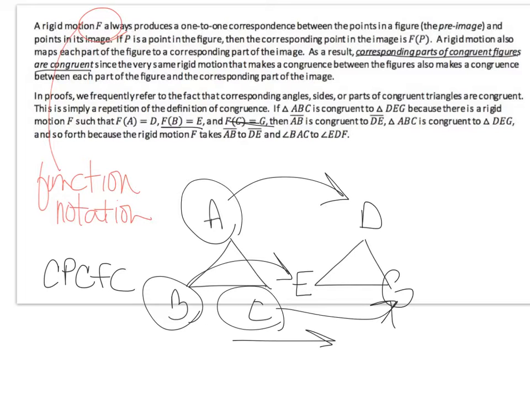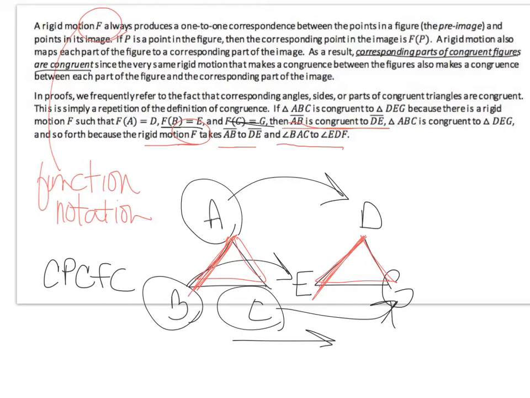That does mean that segment AB is congruent to segment DE, which is right here. Then triangle ABC is congruent to triangle DEG, and so forth, because the rigid motion F takes segment AB to DE and angle BAC to EDF.